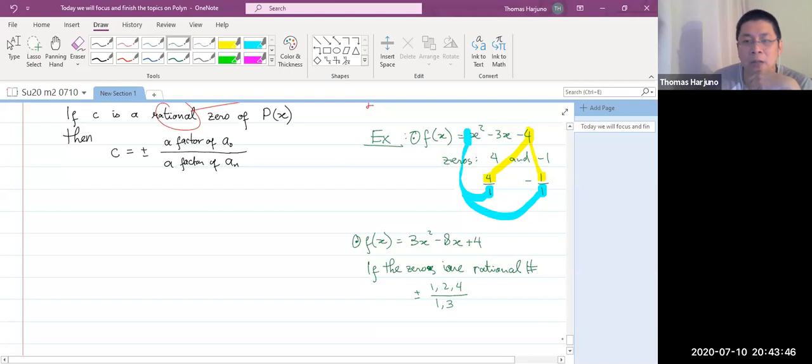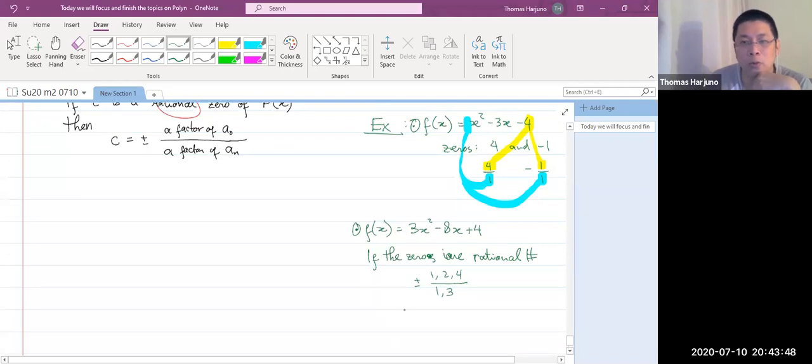So the candidates for the zeros of this polynomial will be plus or minus 1, plus or minus 2, plus or minus 4, plus or minus 1/3, plus or minus 2/3, plus or minus 4/3.